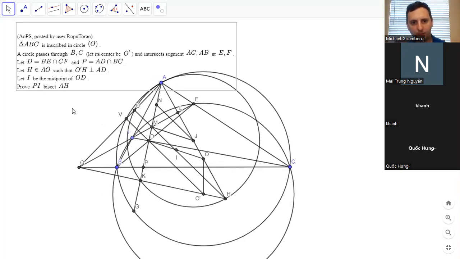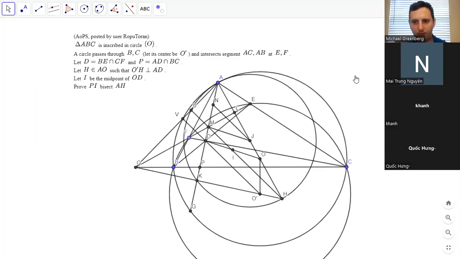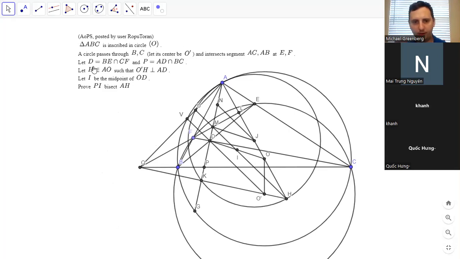So I'm going to type it up. We're going to use Menelaus. I'm going to do the Menelaus at the very end.